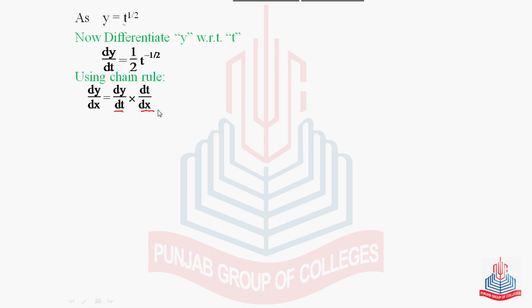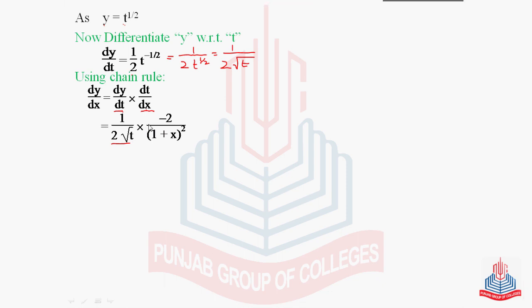That will become 1 over 2 square root of t, which is 1 by 2 t to the power minus 1 by 2, into the derivative of t with respect to x, which is minus 2 over (1 plus x) whole square.